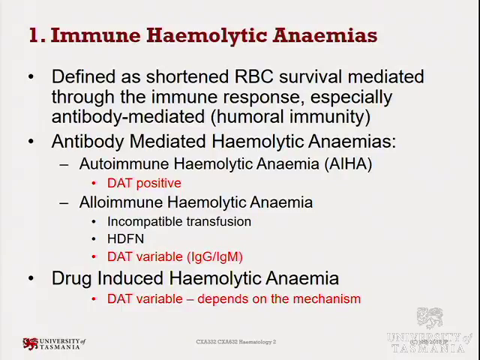And so we can have a variable direct antiglobulin test there depending on the blood group of the antibody involved. And again, with drug-induced hemolytic anemia, the direct antiglobulin test result is variable there as well, and it depends on the mechanism, and we'll be having a look at the 4 major mechanisms shortly.